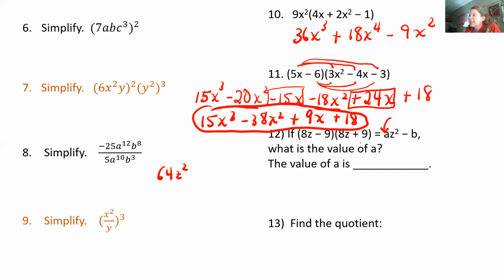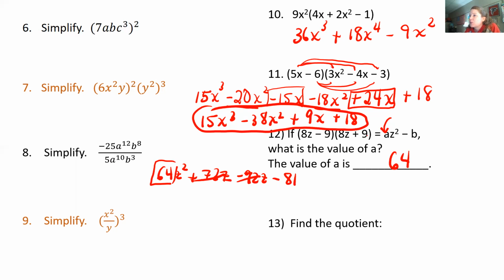Now we're doing 8z times 9, so plus 72z, and then minus 72z. So those two middle terms will cancel out. And then finally, minus 81. So it asks what the a is, a times z squared, so the value of a is 64.